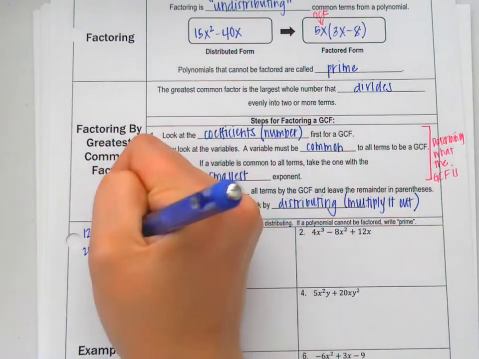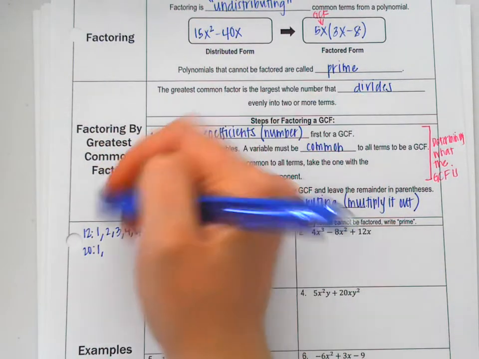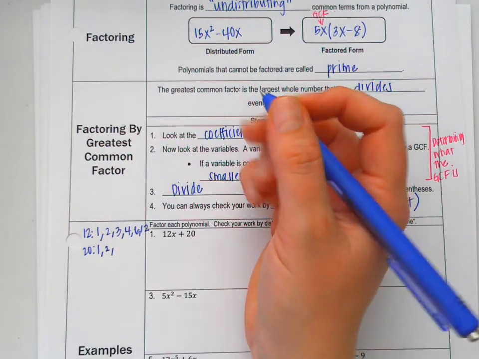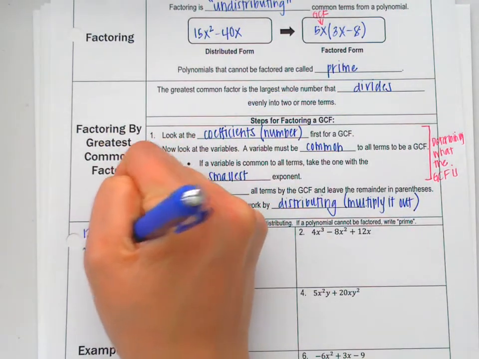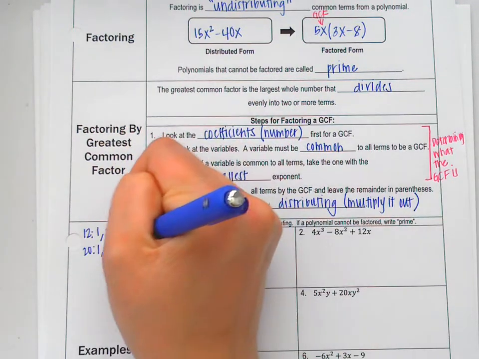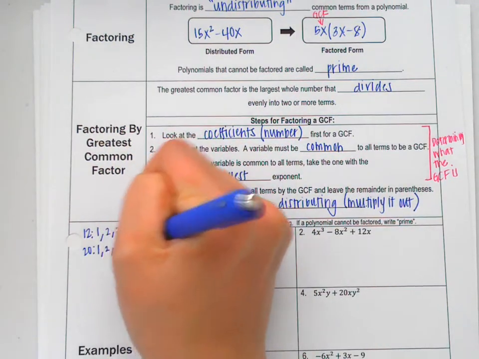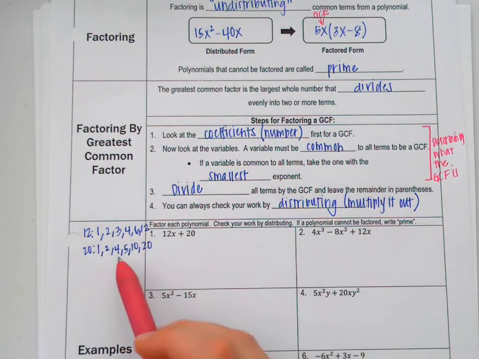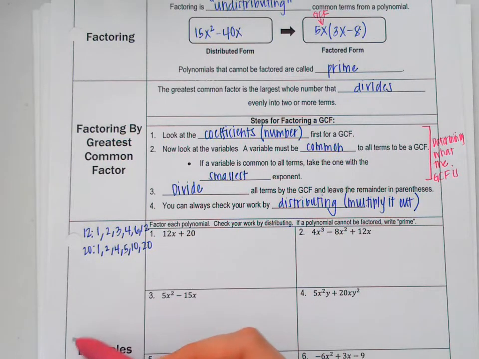Okay, so we know 1, which doesn't really help us that much, but okay, 2. Oh, that's 1, but there might be one that's bigger. 4. Okay, 5, 10, and 20. And so I look, okay, greatest, we're looking for the biggest thing that they have in common.